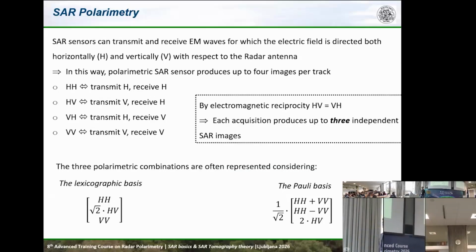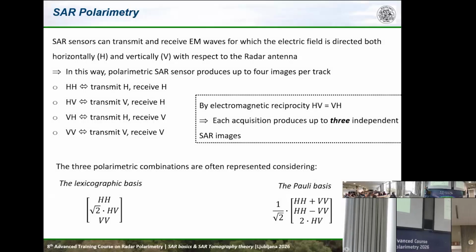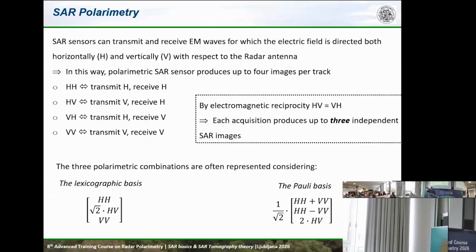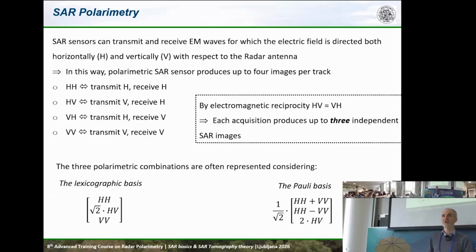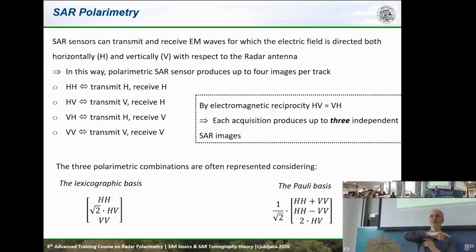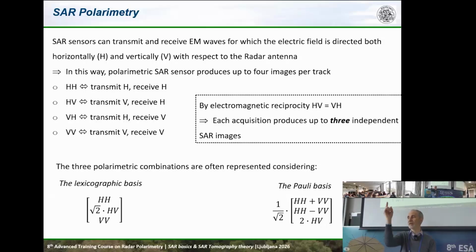SAR sensors can transmit and receive both in horizontal and vertical polarization. So at the end of a polarimetric SAR experiment, you have 4 data. You have HH, so you transmit horizontally and receive horizontally. HV, so you transmit vertically but then receive horizontally.